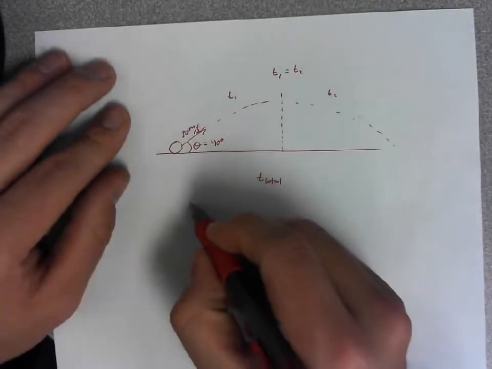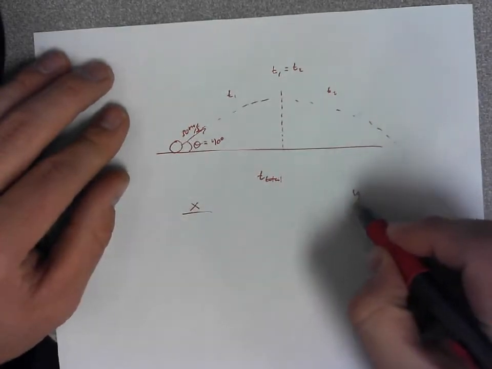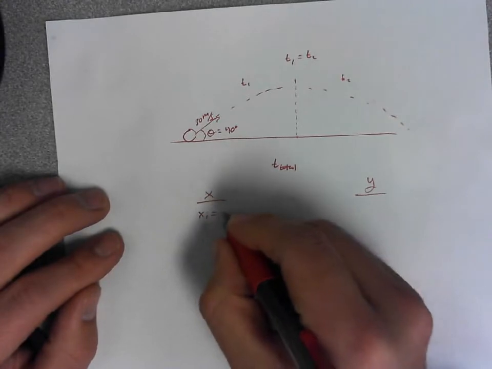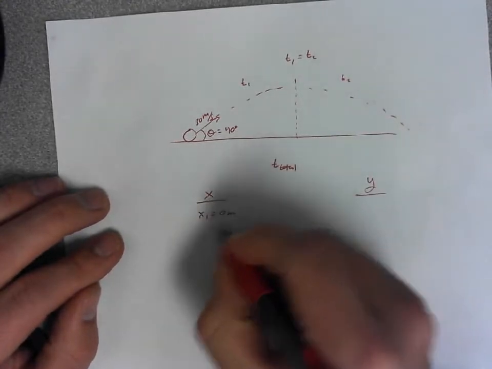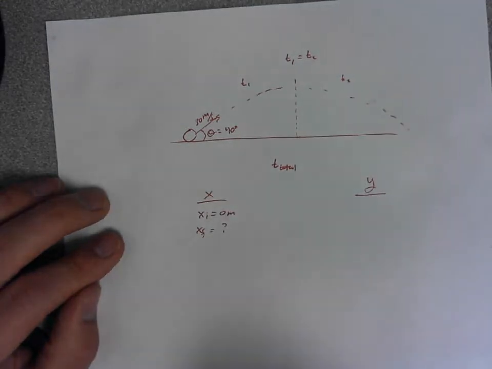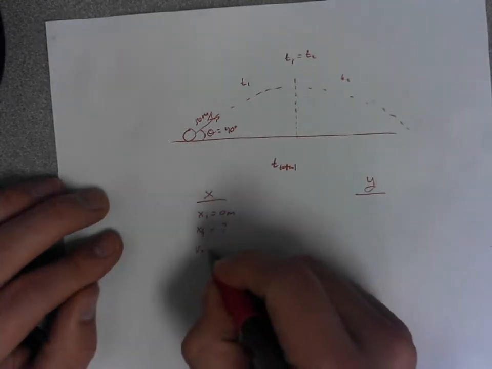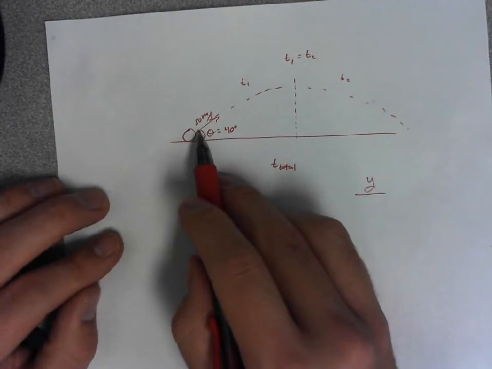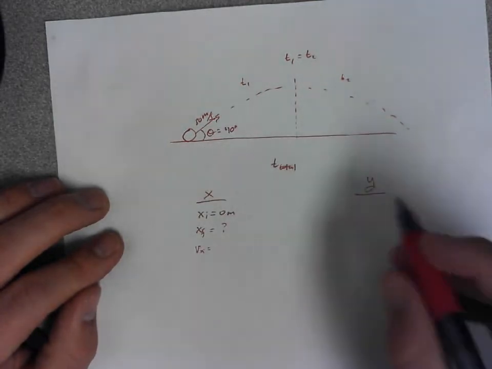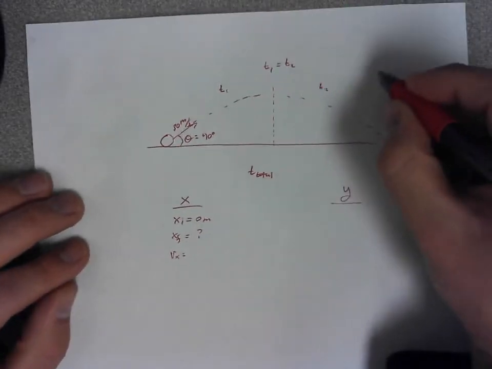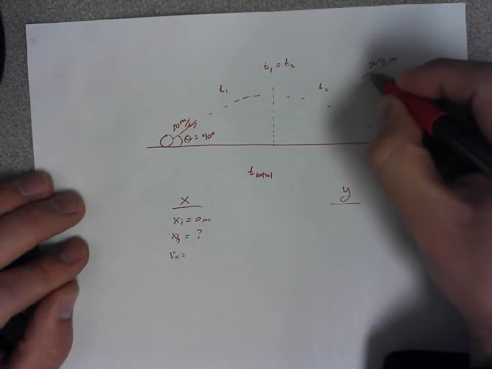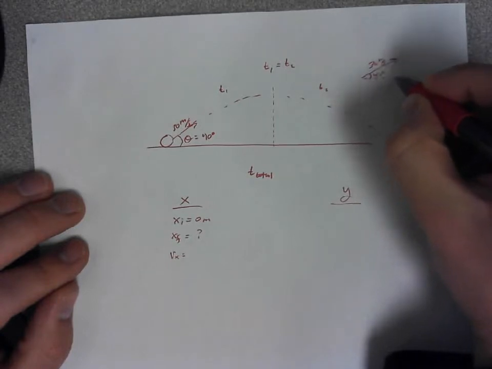Let's write out a list of givens here. My x initial we can just put as 0 meters. X final, we don't know what that is. My velocity is 30 meters per second at a 40-degree angle. Vector components, right? If you're forgetting how to do that, I've got 30 meters per second at a 40-degree angle.